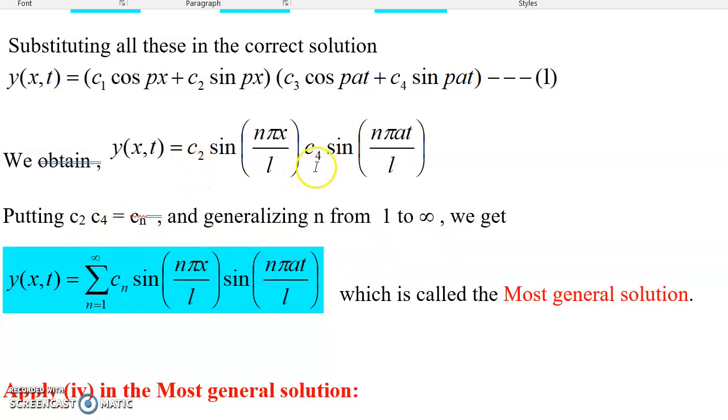So we write Cn and put a summation n equal to 1 to infinity. This is known as the generalized solution, or most general solution.